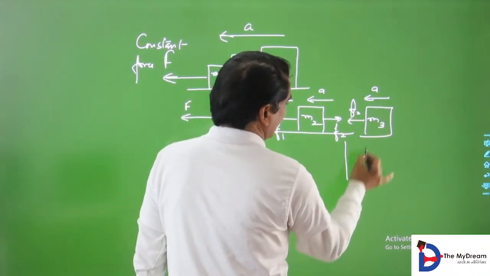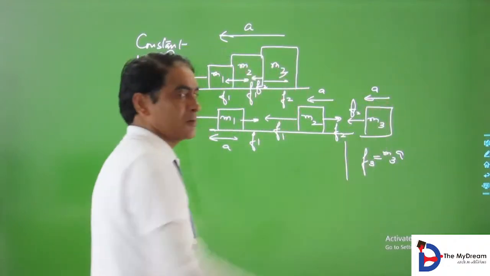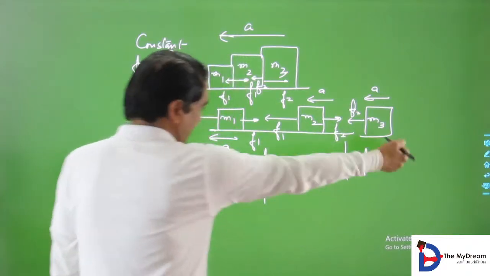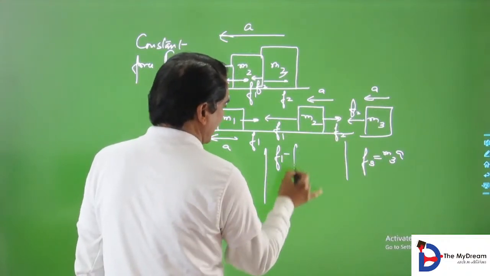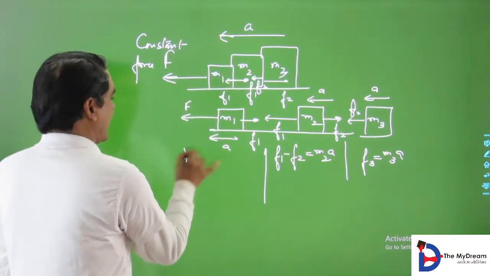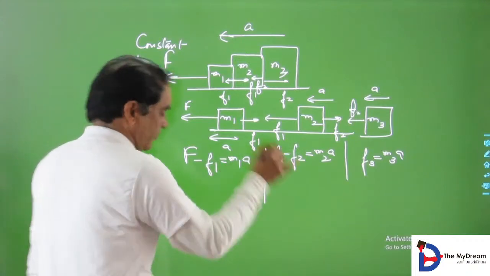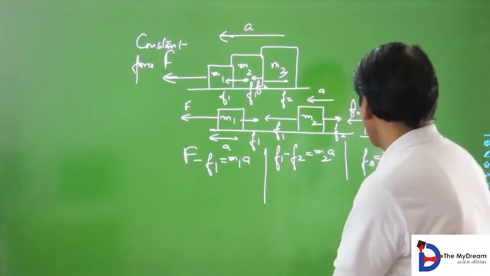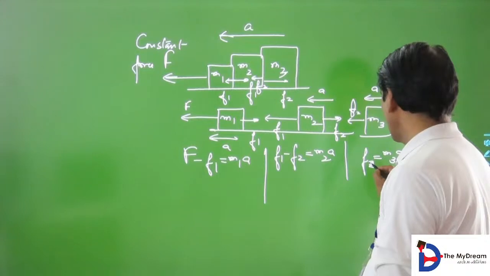So F2 is equal to m3a, there is no other force. This is F1 minus F2 because the motion is to the right. These are two anti-parallel forces, so you can write F1 minus F2 is equal to m2a, and F minus F1 is equal to m1a.